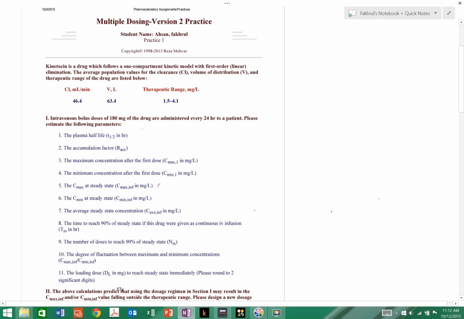K is equal to CL by V, whatever you get, then you use T half is equal to 0.693 divided by K.